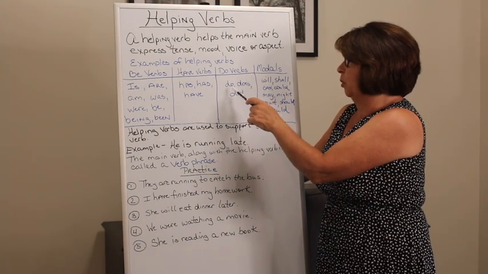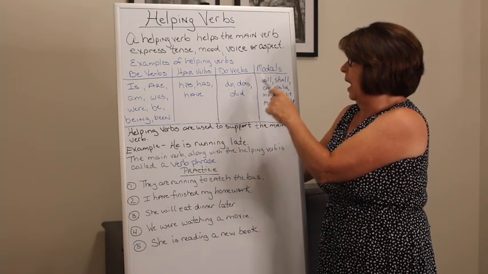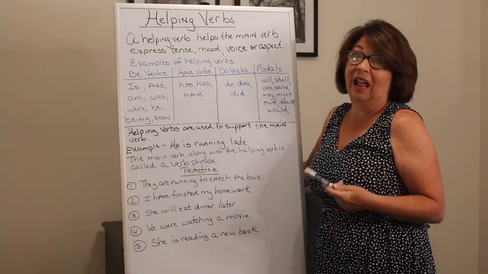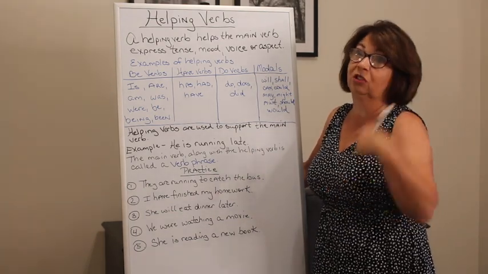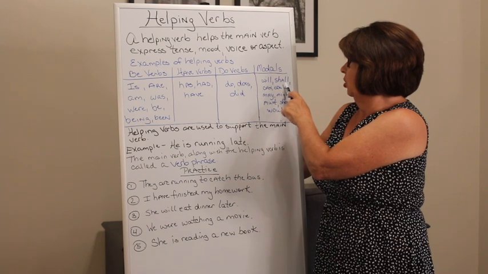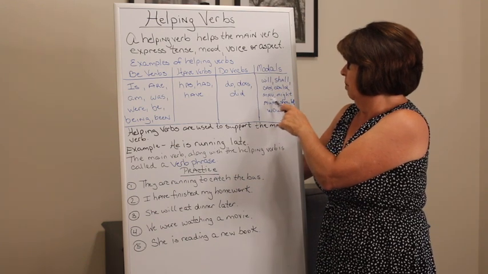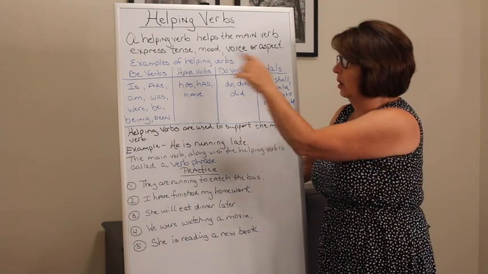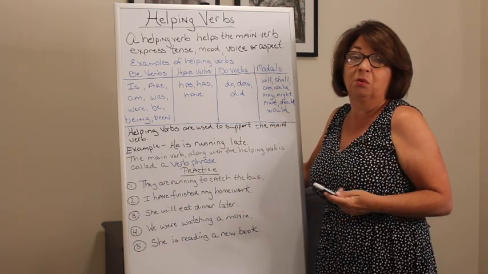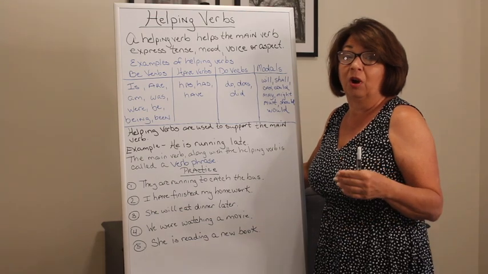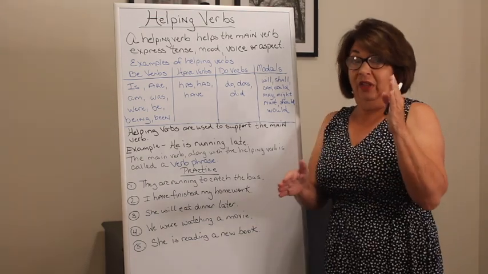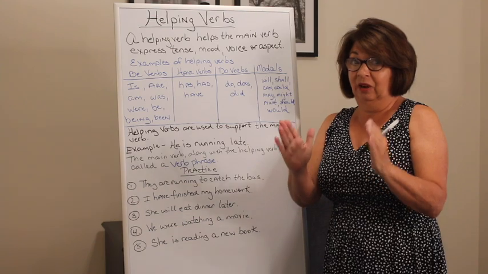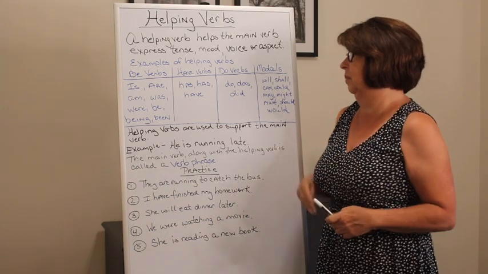The do verbs, which are do, does, and did, and our modals, which are things that ask permission to do something generally, would be will, shall, can, could, may, might, must, should, and would. All of these are considered our helping verbs, and we will generally find them as part of a verb phrase. We'll find the helping verb and then the action right next to one another in the sentence.